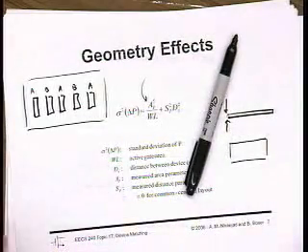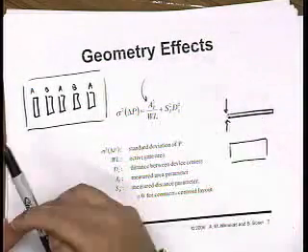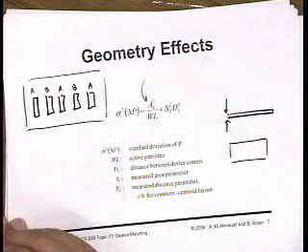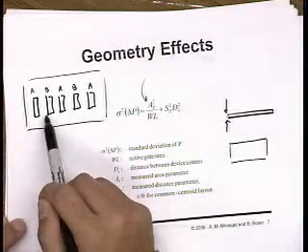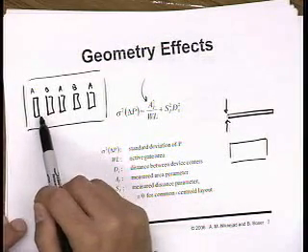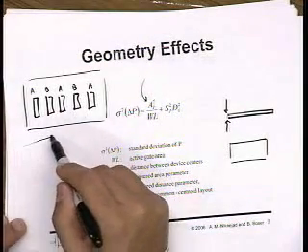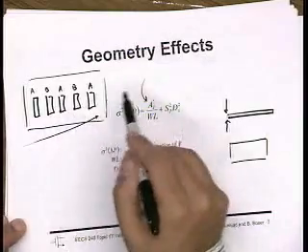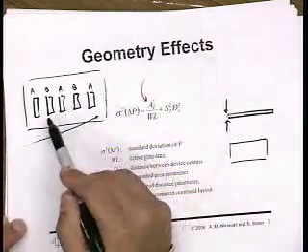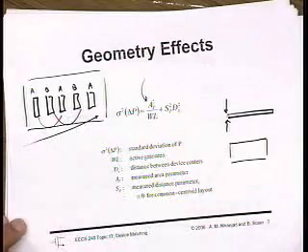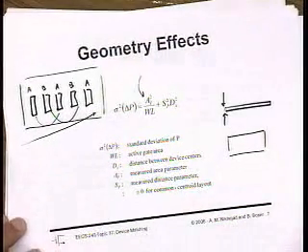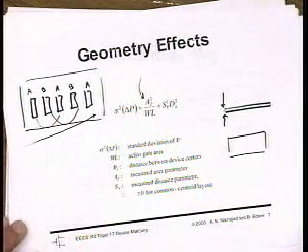So multi-fingered devices have better matching because of this intermingling. If there's some kind of effect that's causing devices in this direction to have, say, a higher VT, then this device also has a higher VT. So on average, these VTs balance. So multi-finger tends to help rather than hurt you.